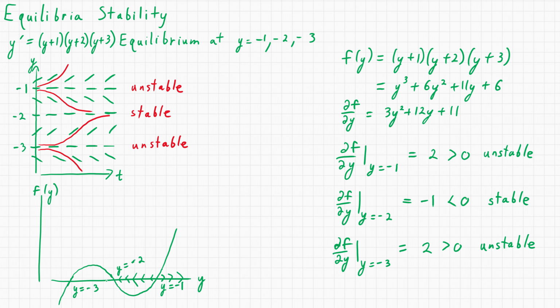This one is positive, so that one is increasing that way, bigger in the middle, and this one is going away. And based on those arrows, based on the slopes, this one's going to be unstable, this one's going to be unstable, and this one's going to be stable.